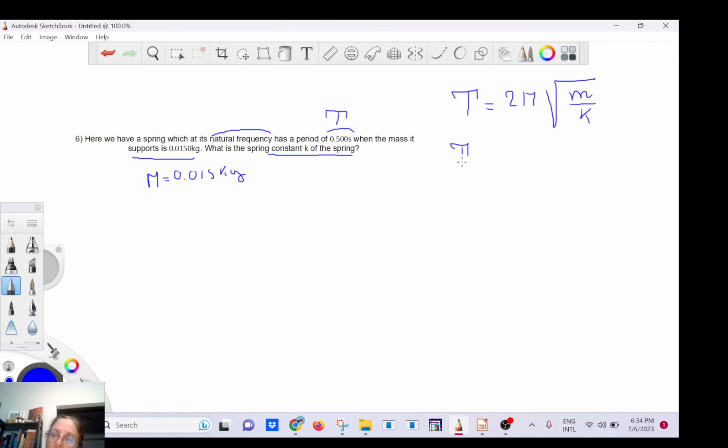So you can square on both sides. It's going to be T squared equals 4 pi squared times the mass over k. So they want to find the spring constant here. So you cross multiply: k equals 4 pi squared times the mass divided by the period squared.